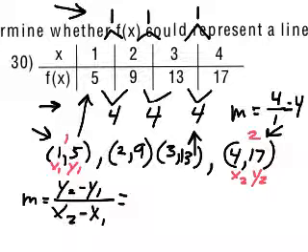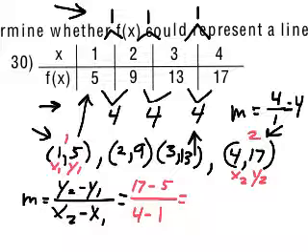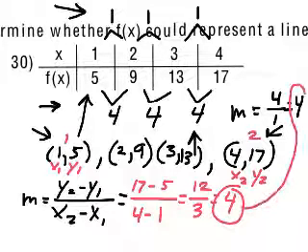Okay, so my y2 is 17 minus my y1 is 5. That's over my x2, 4, minus my x1, 1. Okay, 17 minus 5 is 12. 4 minus 1 is 3. So my slope is 4. Notice, same slope.